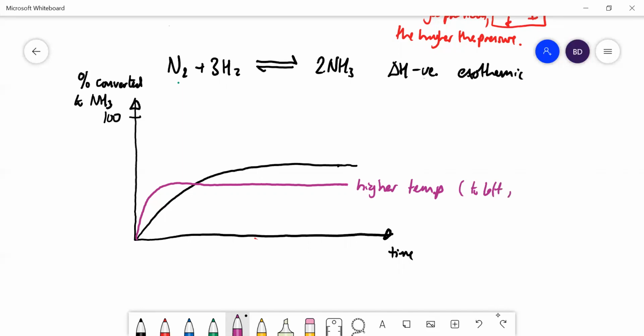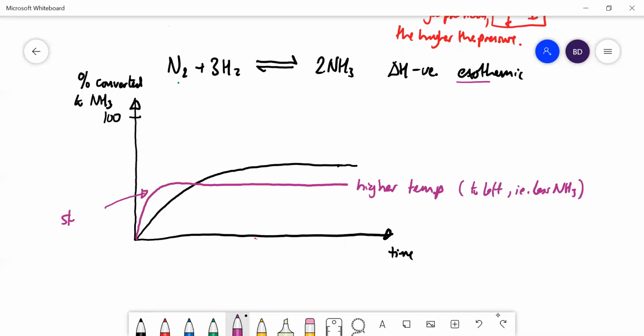In other words, you get less ammonia at higher temperature. Why is that? Because the forward direction is exothermic. So if you come along and increase the temperature, it will try and decrease it by moving in the endothermic direction.